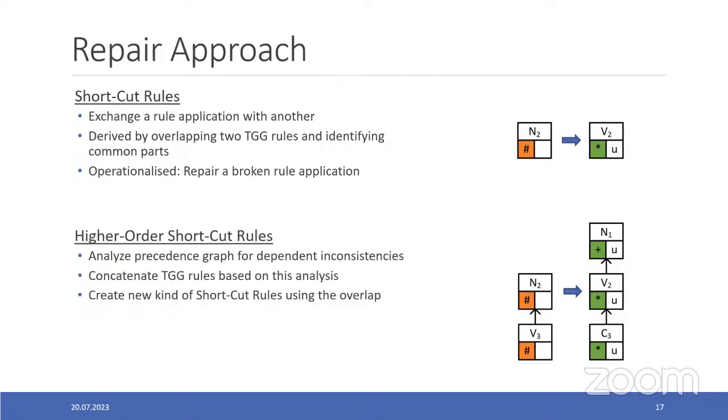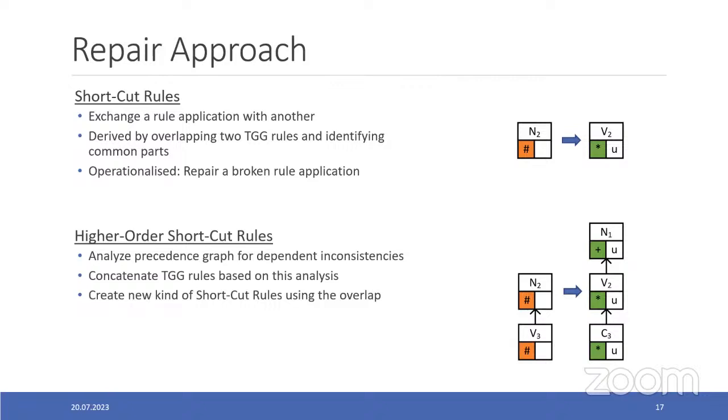So in our case, we analyze our precedence graph. We try to find out which inconsistencies are related somehow. For example, here we have this nook rule application and pillar rule application, and I can see that they form a cluster of inconsistencies that are somehow connected.